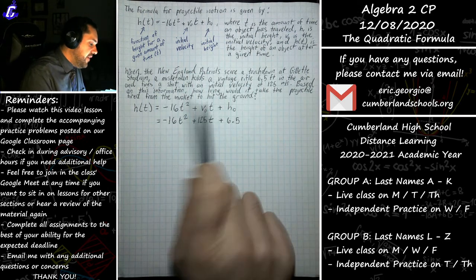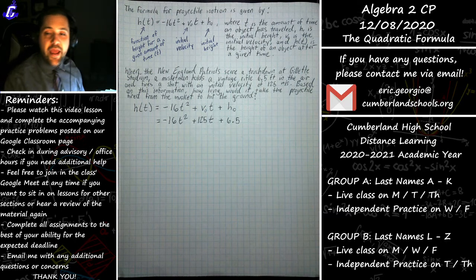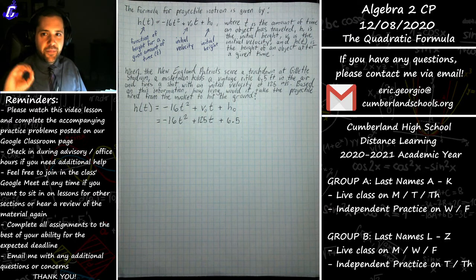It says, based on the information, how long would it take the projectile fired from the musket to hit the ground? And hitting the ground is a very key word, because think of, if something hits the ground, well, what is its height at that point? If you're measuring the distance it is off the ground and you hit the ground, well, your height at that particular point would be 0, right?